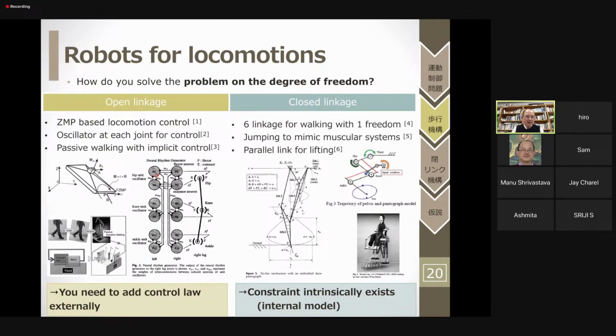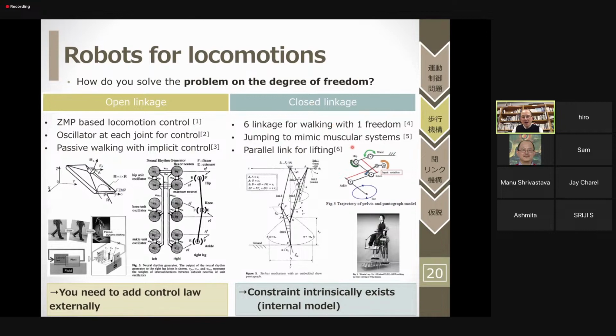In Professor Taga's case, CPG may work well, but in a sense, a more traditional technique exists from old history. It's called closed linkage.